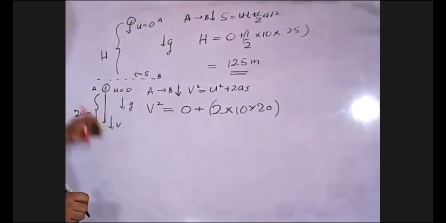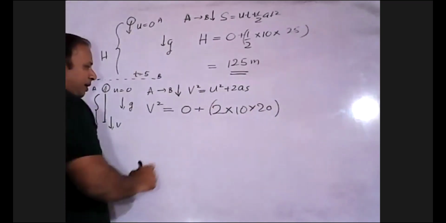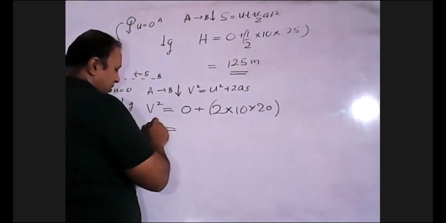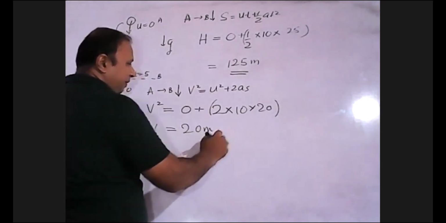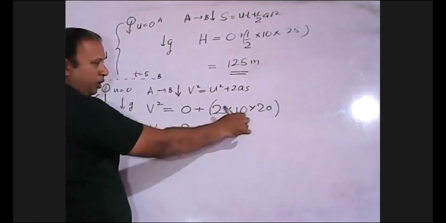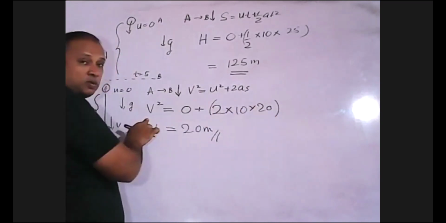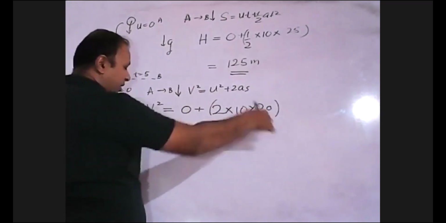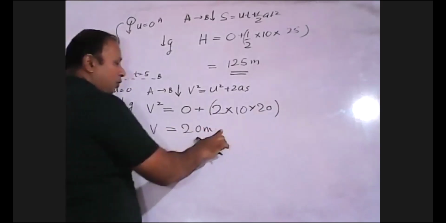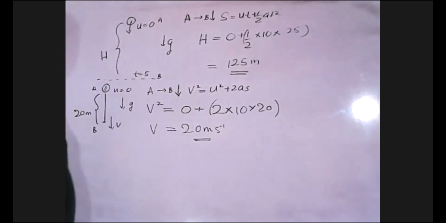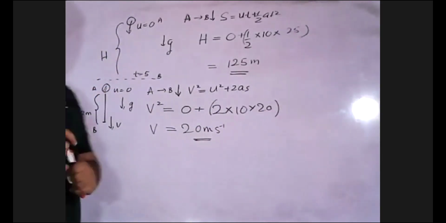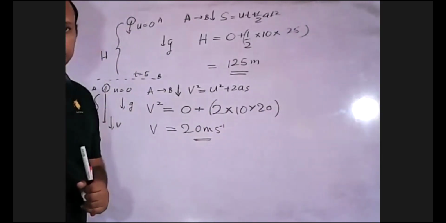The travel distance is 20. Therefore, v square is equal to 2 into 10 into 20, that is 20 into 20. Therefore, v is equal to 20 ms minus 1.